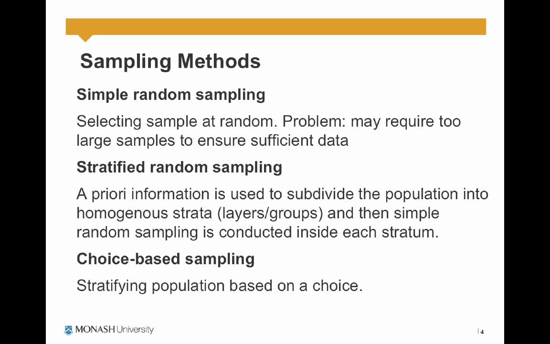For example, we can have a group of people using private vehicles, a group of people using public transport, or a group of cyclists within your population. And then within these groups that are subdivided based on their choice of mode, you can conduct a random sample. That is called choice-based sampling.